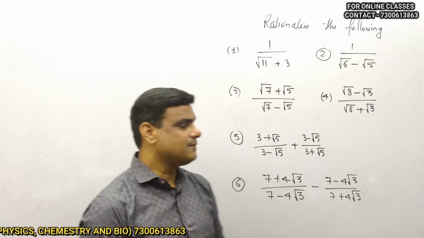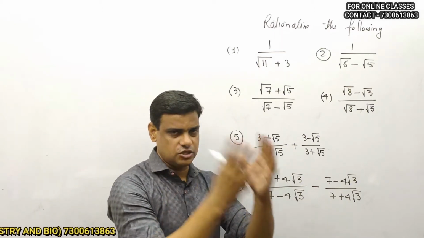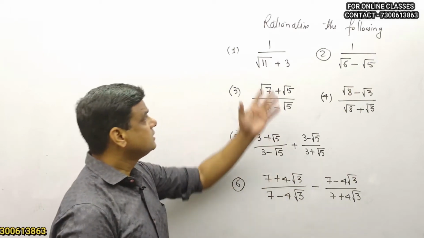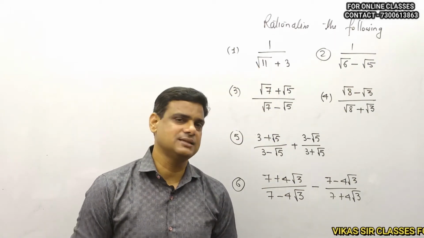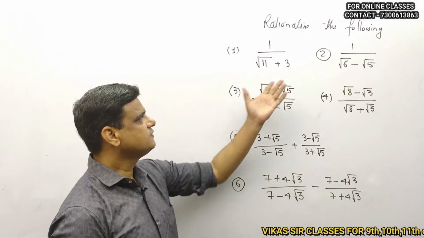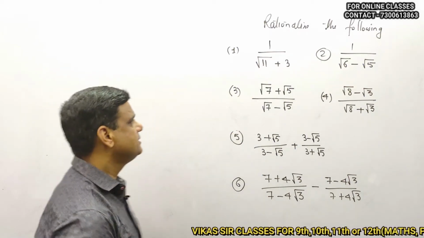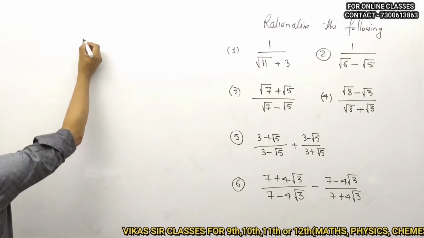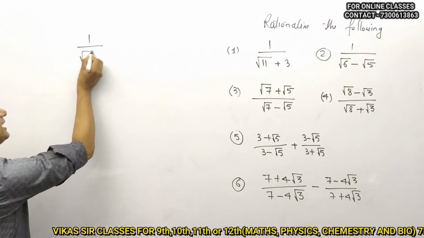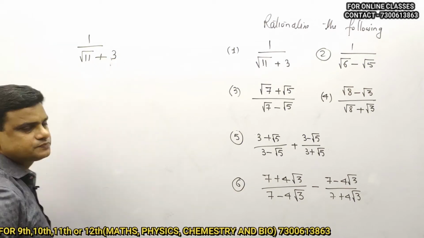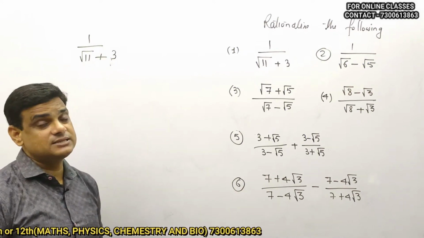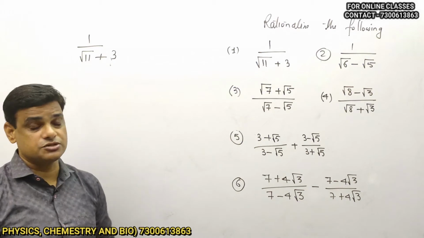So the first type that comes on the topic of irrational numbers is "rationalize the following." This is a question frequently asked in the exam. The first one is 1 upon root 11 plus 3, and we are to rationalize it.